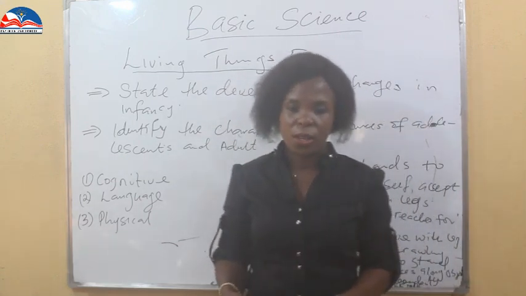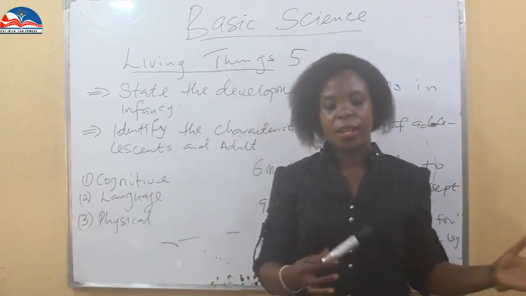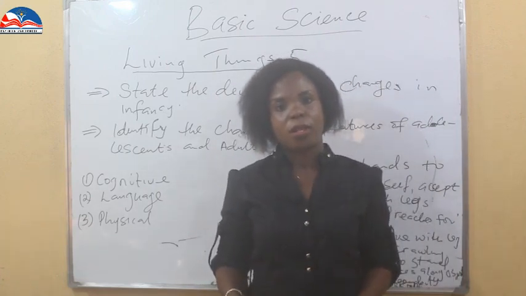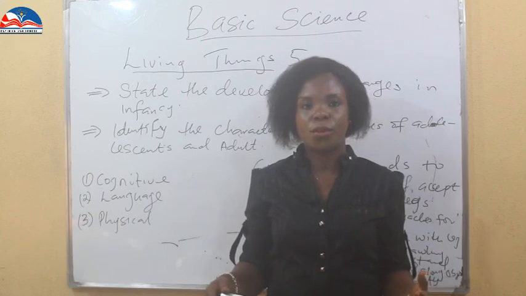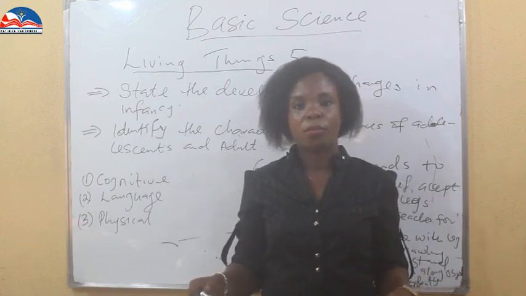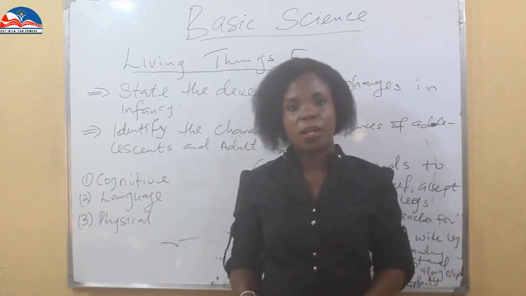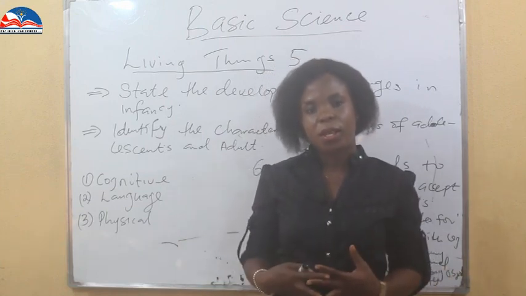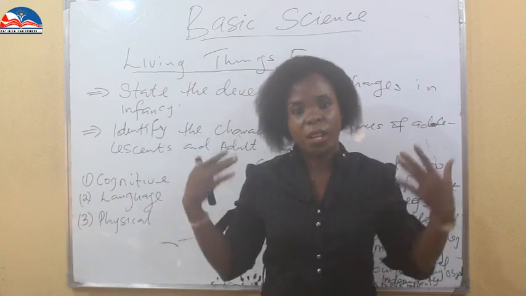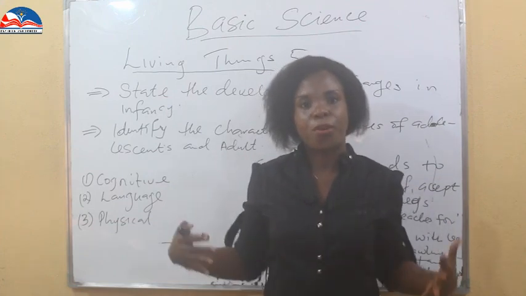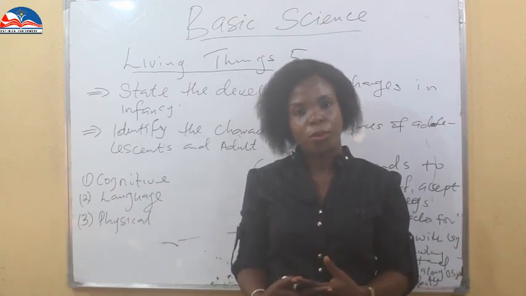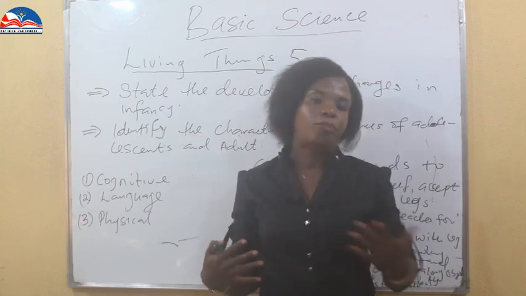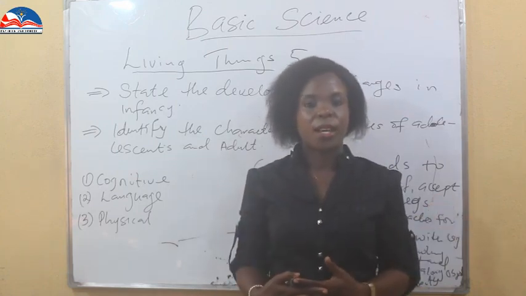The features at adolescence, let's take the girl child first. The girl child comes up with developmental features like developing the breasts, developing armpit hair and pubic hair, and having a broader pelvic bone. The child starts menstruating.